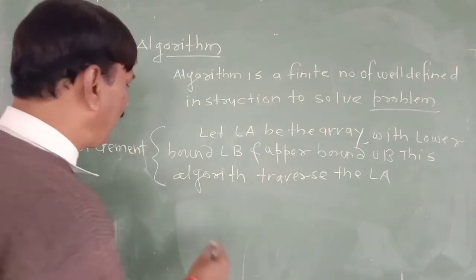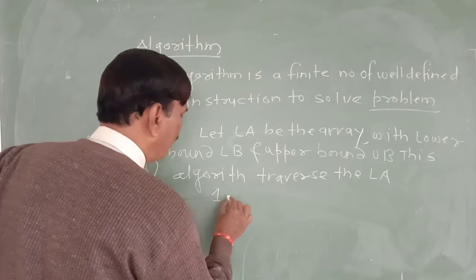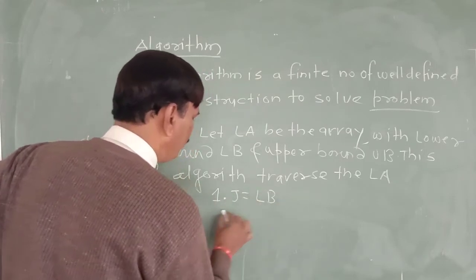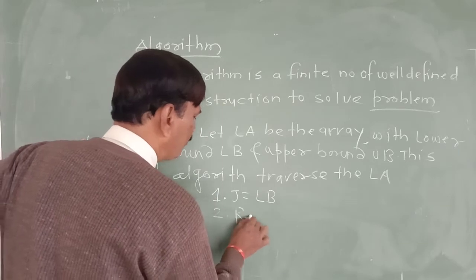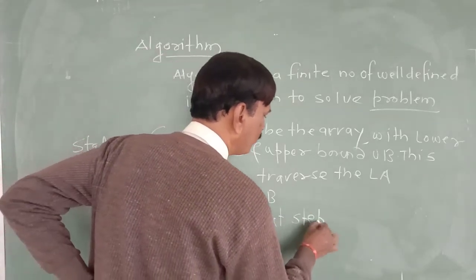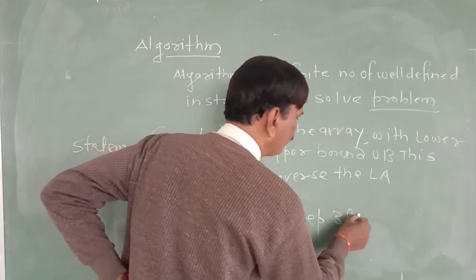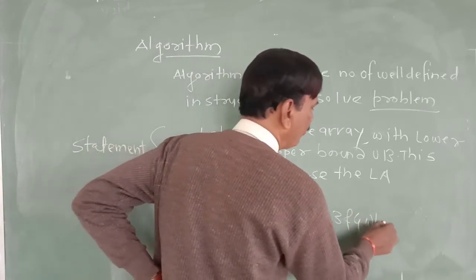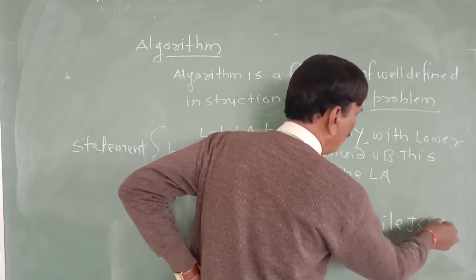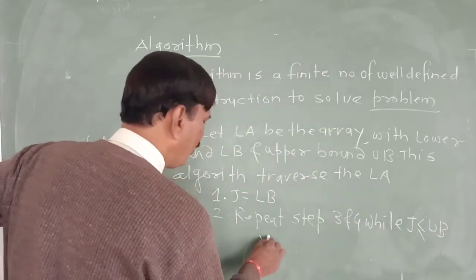And how have we traversed? Step number 1, J is equal to lower bound. Step number 2, repeat steps 3 and 4 while J is smaller than or equal to upper bound.